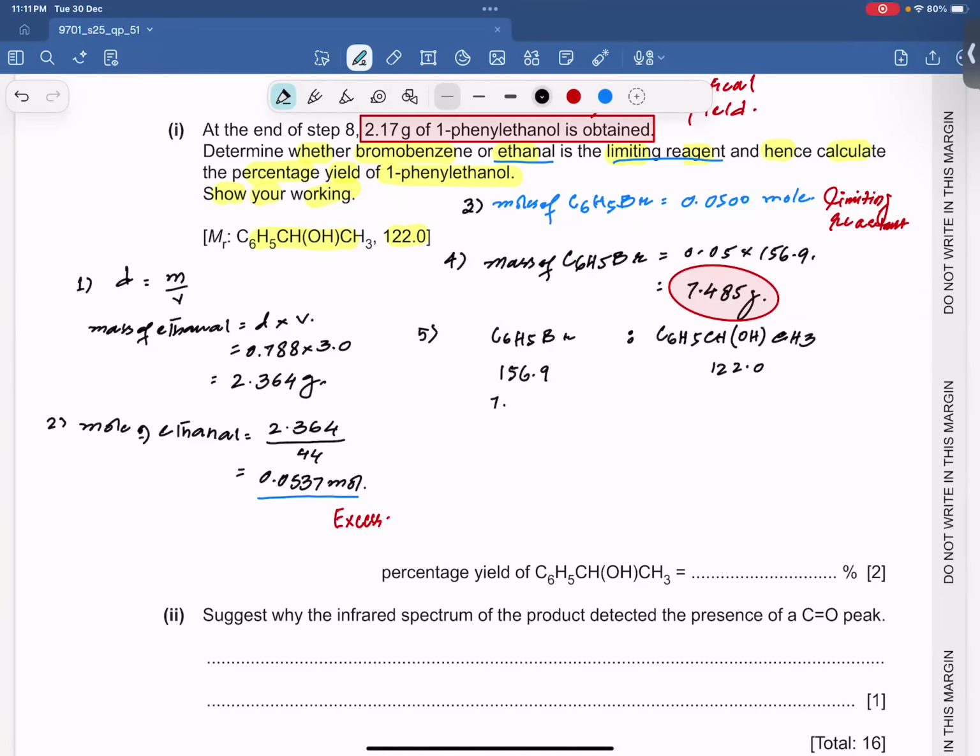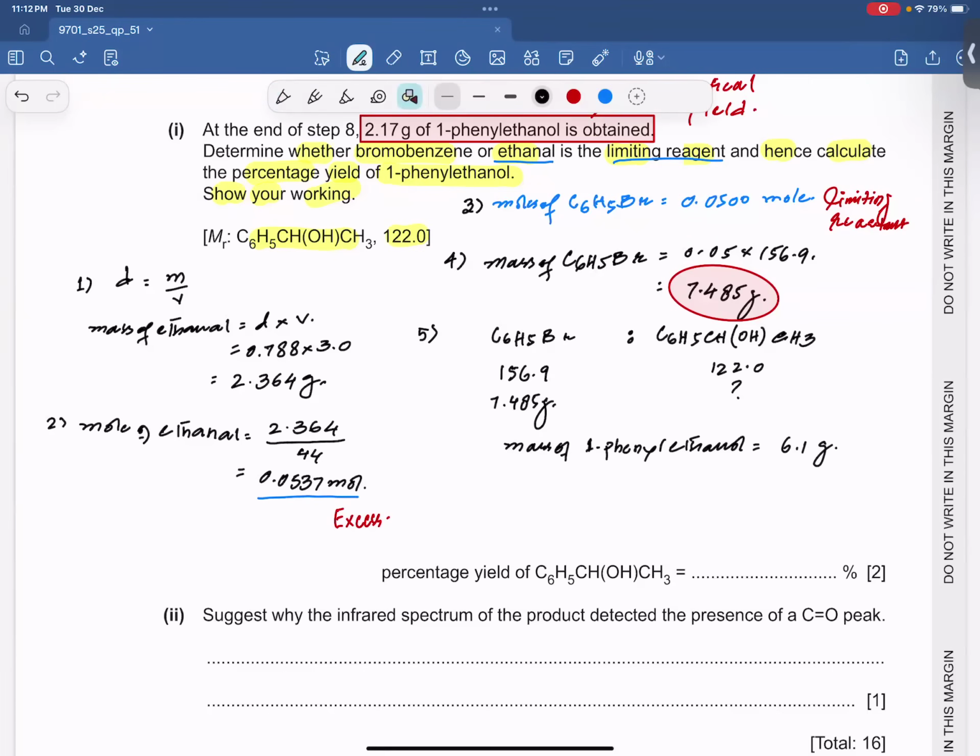When we have got 7.485 gram, the mass of 1-phenylethanol, hold on, is going to be 6.1 gram.